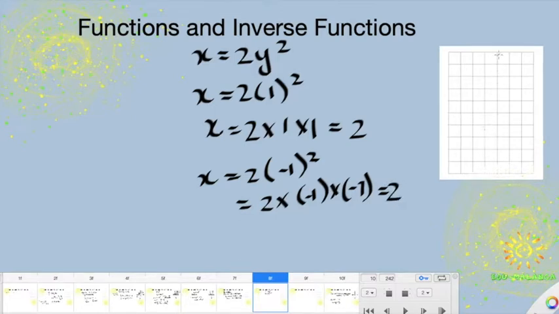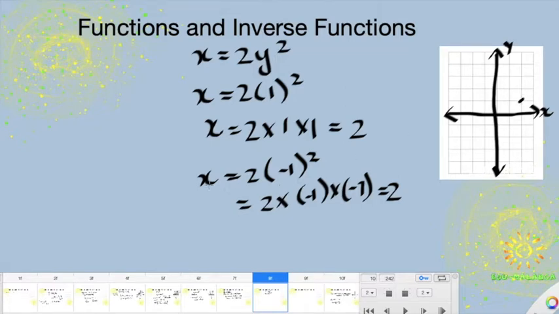So I'm going to plot this for you guys here on our Cartesian plane. For anyone who doesn't know what a Cartesian plane is, it is an x and a y axis drawn as I am drawing it. This is the intercept, so we'll call this 0, and at every line we have 1 point. We're going to move in increments of 1, and none of our numbers are too big, so that is not an issue. I'm going to plot at y is equal to 1. So y is equal to 1, I have x is equal to 2, so I'm going to move to 2.